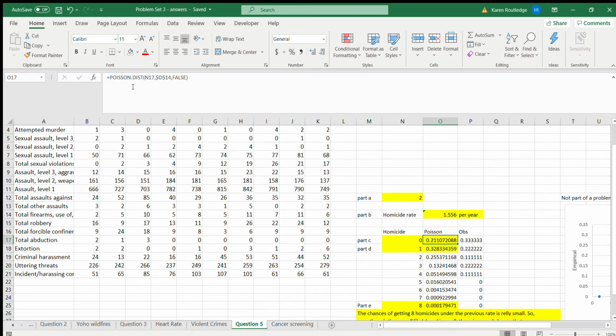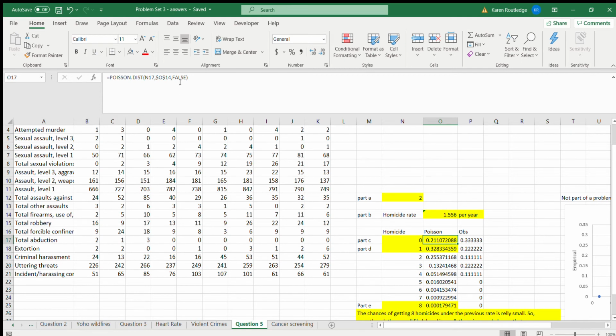So in Excel, because we want a probability, we're using the .DIST kind of function, and it's POISSON.DIST. We need to give it the number that we're interested in, so 0 homicides, and then the average number of homicides, sometimes known as the rate. For us, that is 1.56 homicides per year.